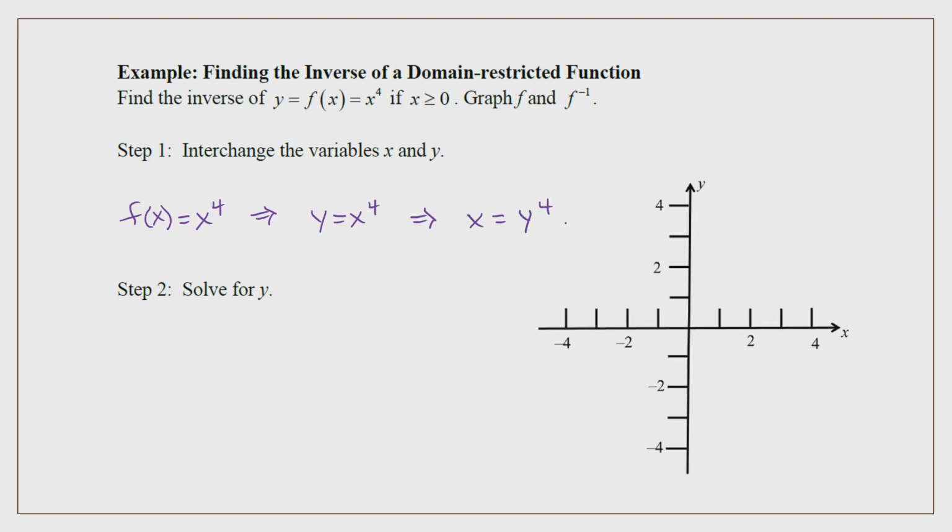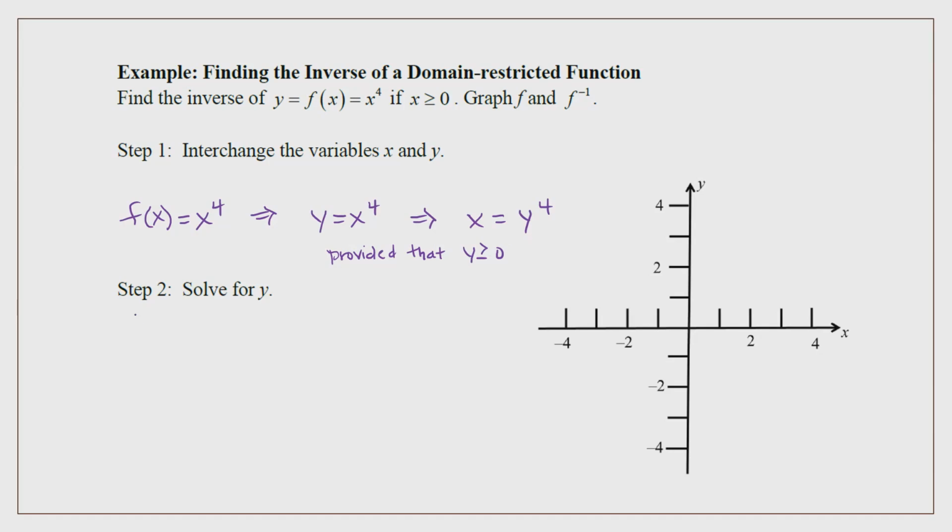Remember, provided that y, let me not go into the graph, because we're going to need that later. I'll write it under it. Provided that y is greater than or equal to 0.